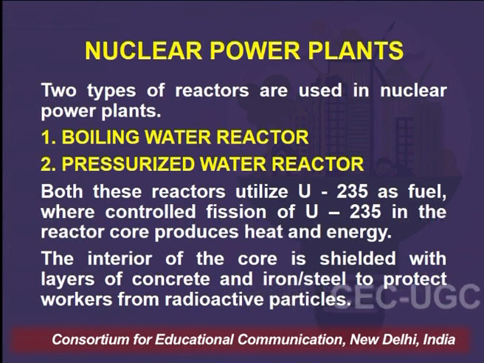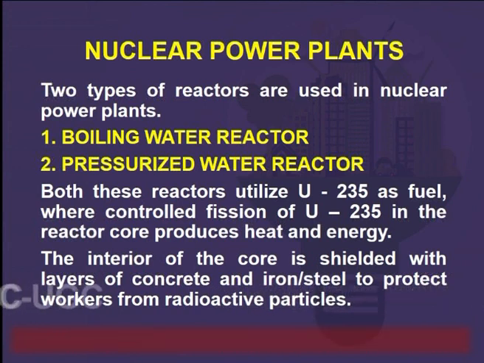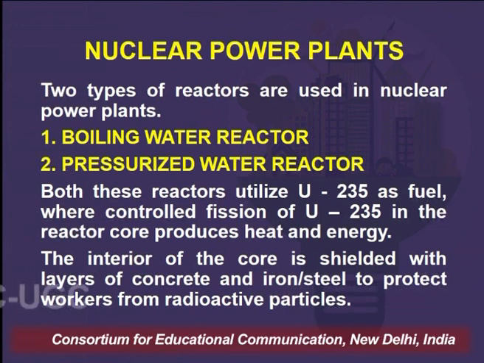Considering nuclear power plants, these are the power plants where nuclear fission reactions are carried out to produce energy. Two types of reactors are used in nuclear power plants: boiling water reactors and pressurized water reactors. Both these reactors utilize uranium-235 as a fuel, where controlled fission of uranium-235 in the reactor core produces heat and energy.